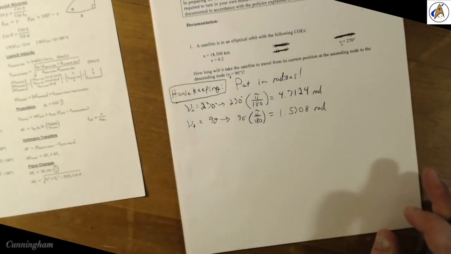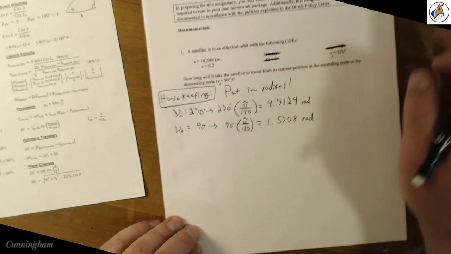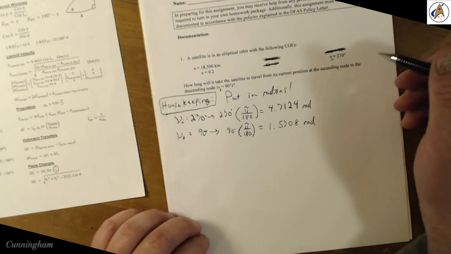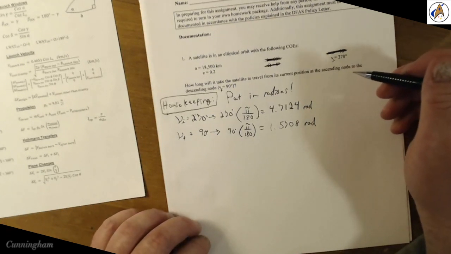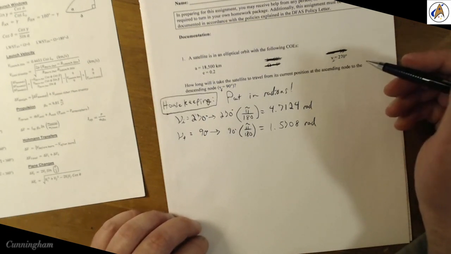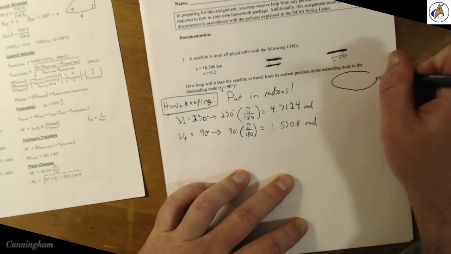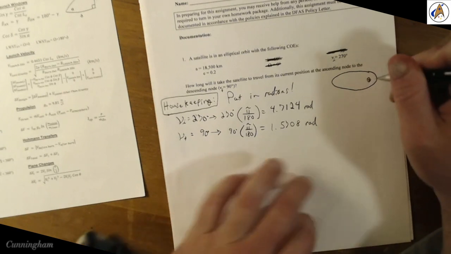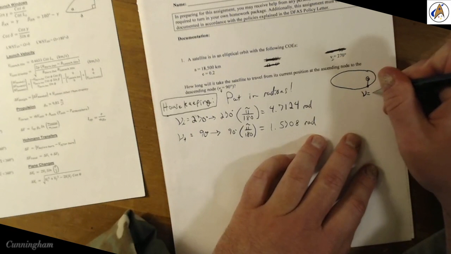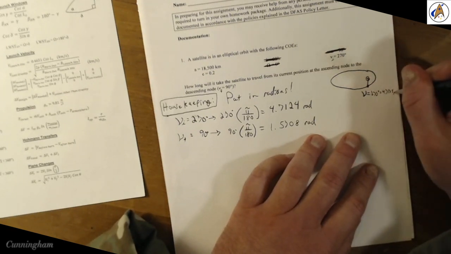All right, now let's step back and try and think about what's actually happening here. If I start off at 270, that is a position in the orbit where I'm just about to hit perigee, right? I've almost completed an orbit. And it says my true anomaly final in this situation is 90. So that means my satellite started off down here at true anomaly of 270, which is 4.7124 radians.